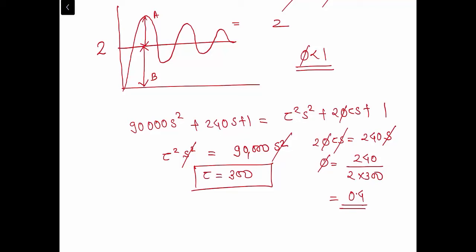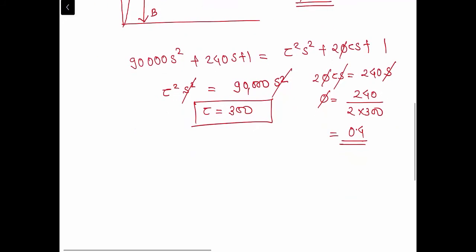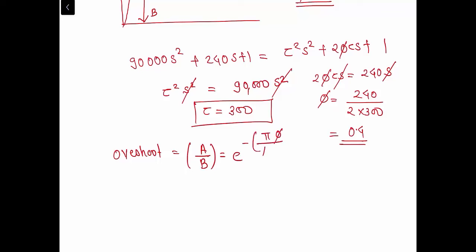So what is overshoot? It is nothing but the ratio of a by b, which has a direct formula: e to the power minus pi phi under root of 1 minus phi square.